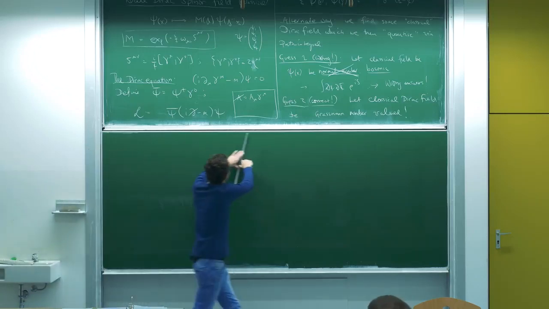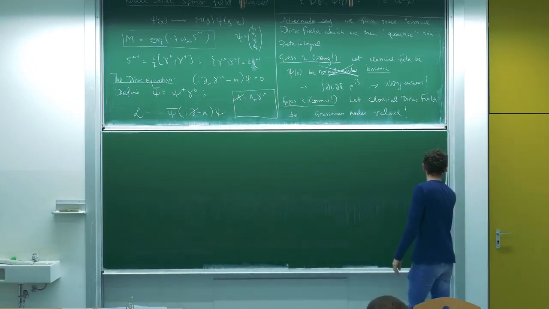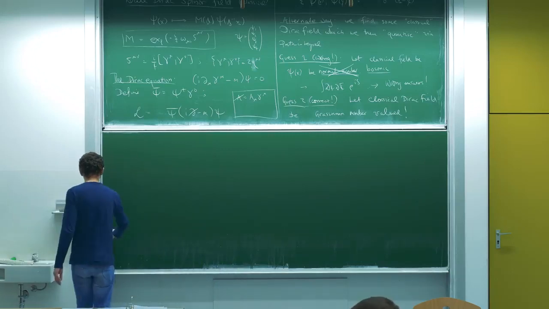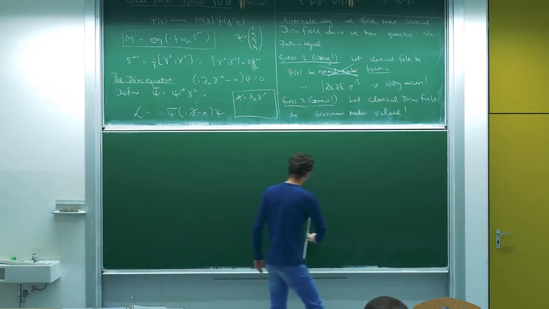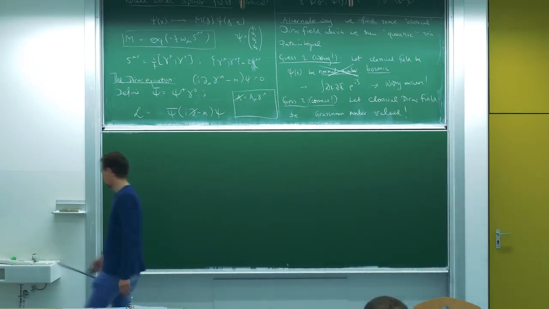So I've got to show you how to make something Grassmann number valued. And then once I've shown you that, you'll know how to do the path integral.